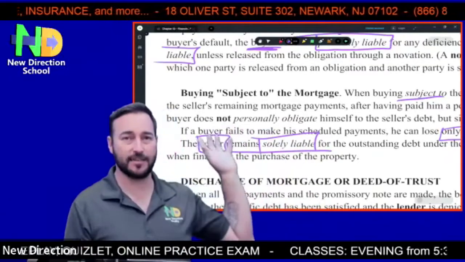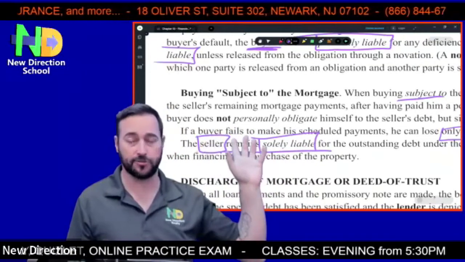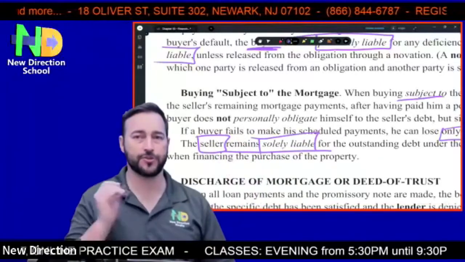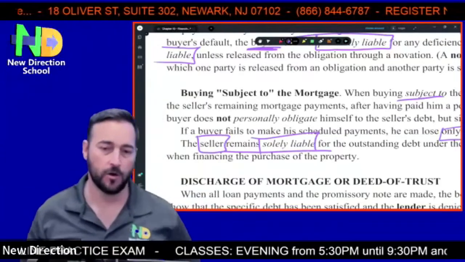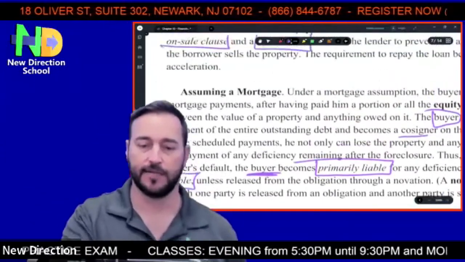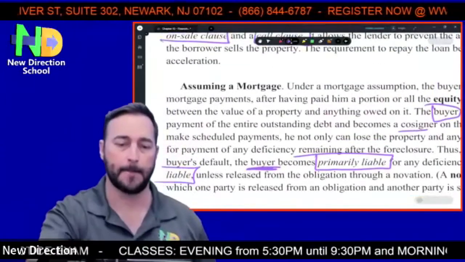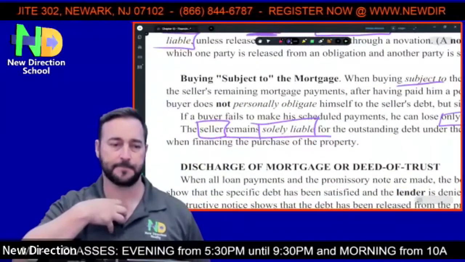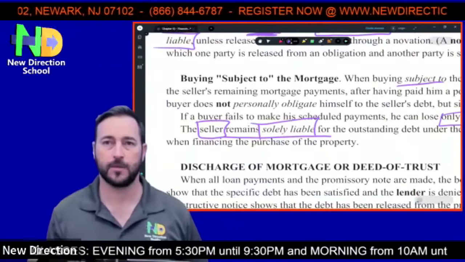What we're addressing is the obligations under the mortgage. You got it? Who is obligated? In assuming a mortgage, we both are. In buying subject to, only the seller is. Thumbs up?